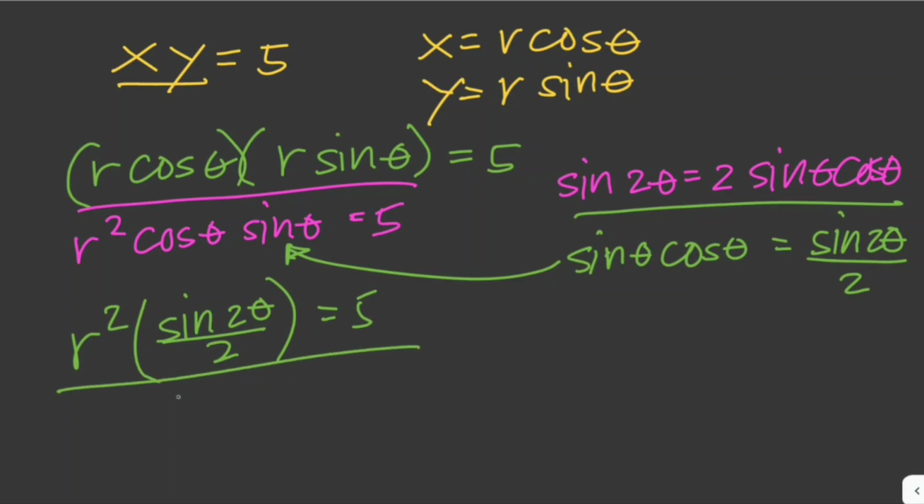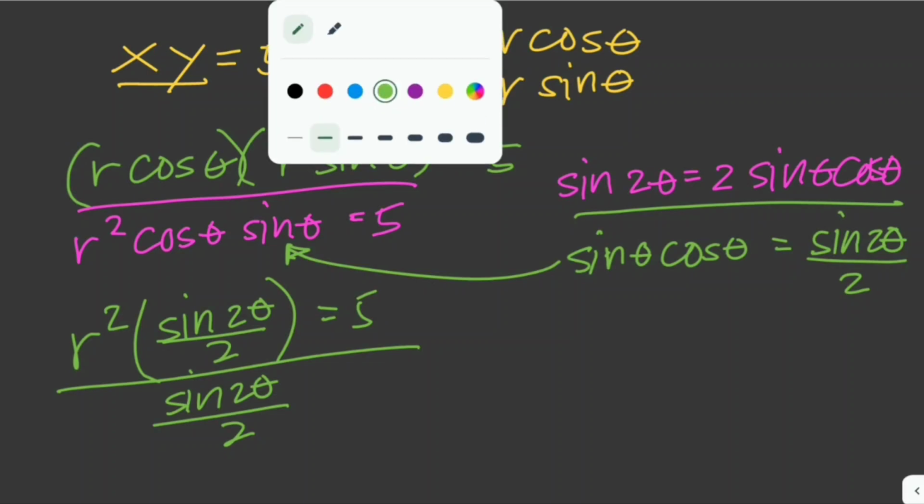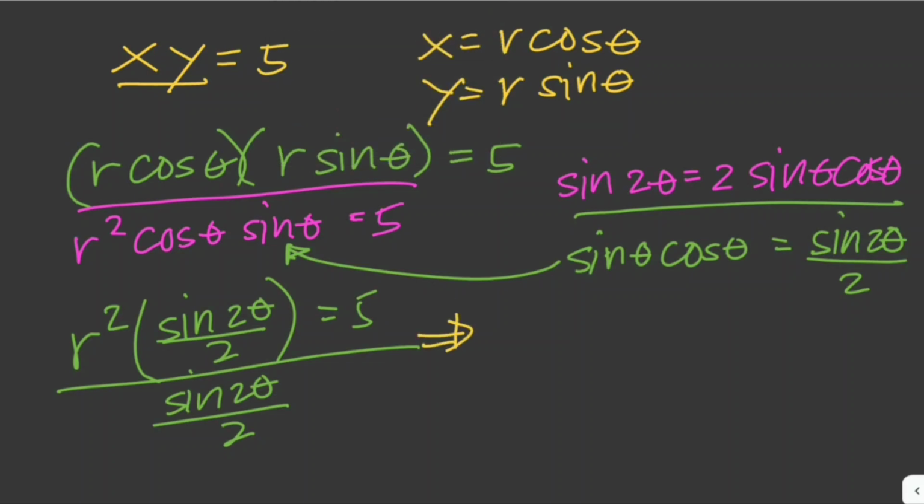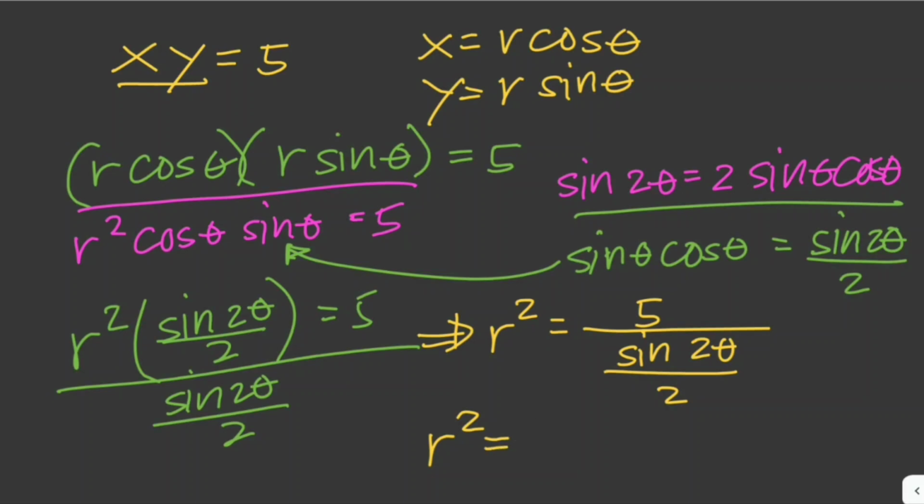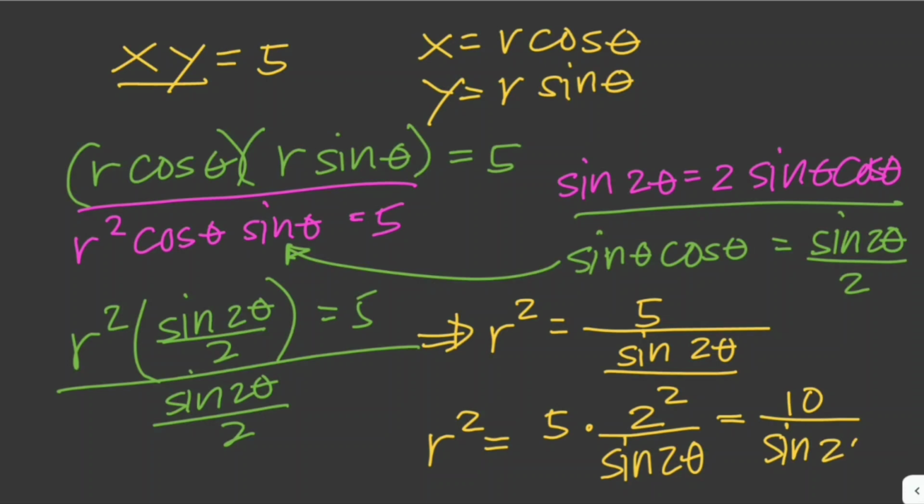And then we divide both sides by sine 2 theta over 2. Then our equation would be r squared equals 5 over sine 2 theta over 2, or we can rewrite this as r squared equals 5 times 2 over sine 2 theta, which is just equivalent to 10 over sine 2 theta.